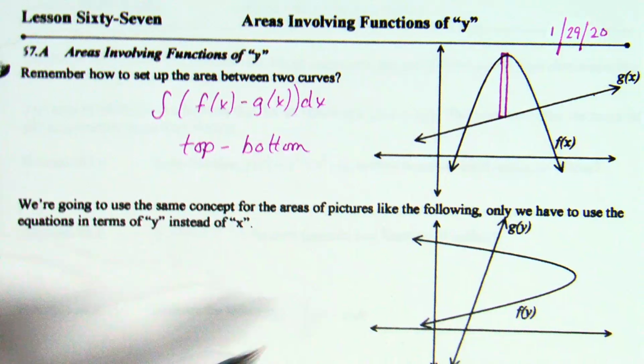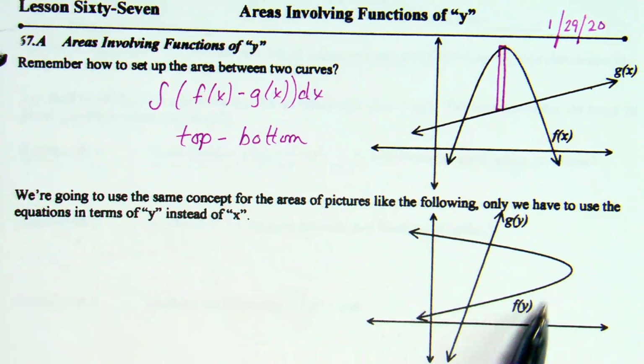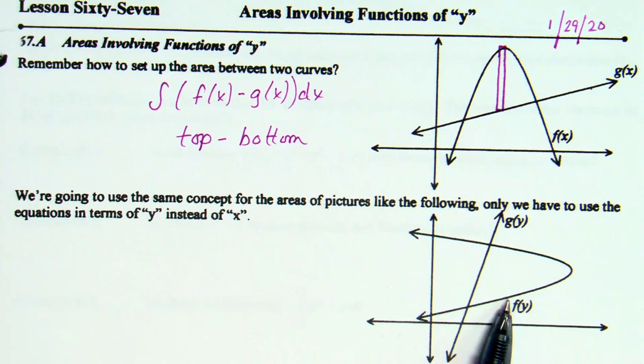Whereas if we try and talk top minus bottom here, what's on top and what's on bottom? We can't really talk upper minus lower here, can we? Unless you turn it sideways. Can I talk upper minus lower now? I can. It's not really upper and lower though, is it?